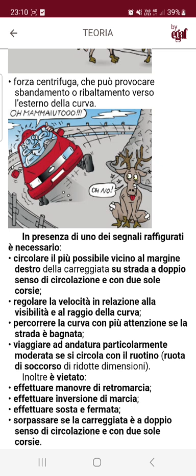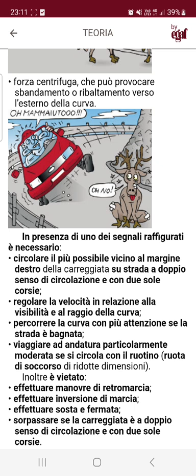He said to travel at a particularly moderate speed if you are driving with the ruotino, like a small bike or bicycle and those kinds of things. You should always moderate your speed. Very important.